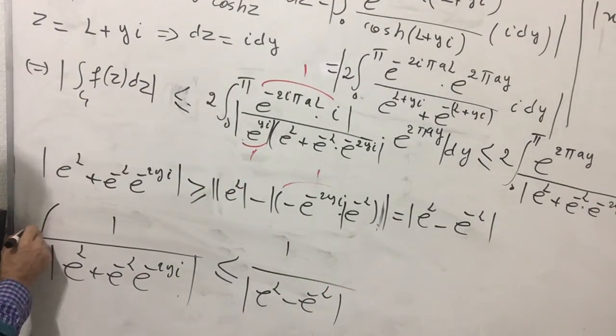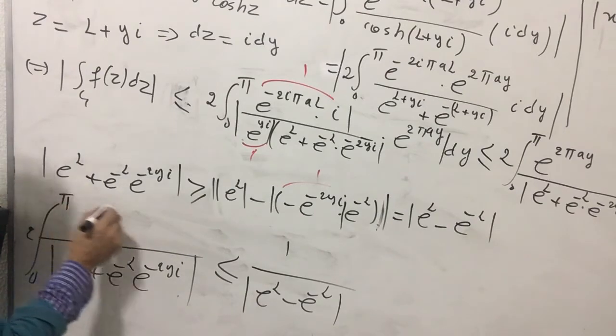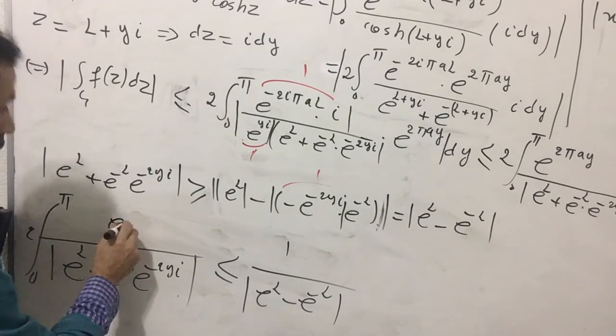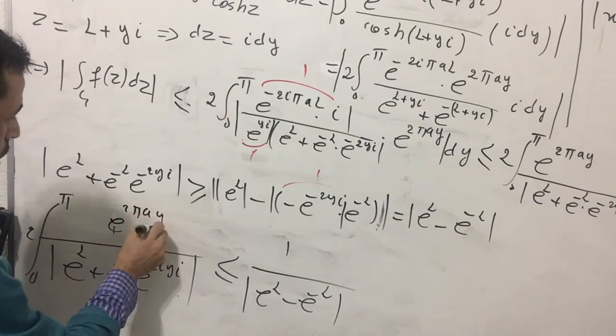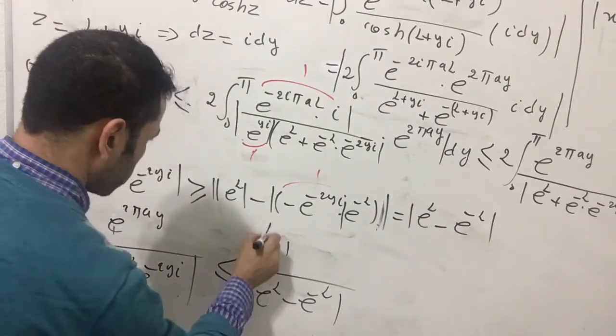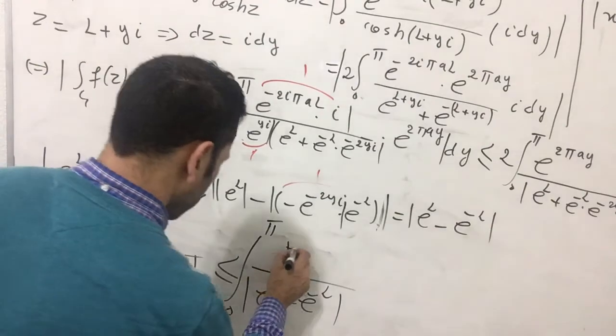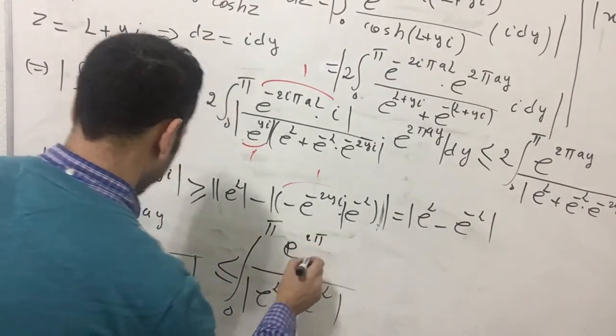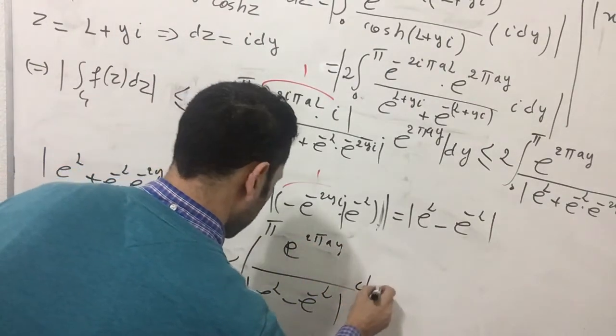So I will have this integral, 2 times the integral from 0 to pi of e to pi a y. The same thing here, the integral from 0 to pi of e to this term to pi a y dy.